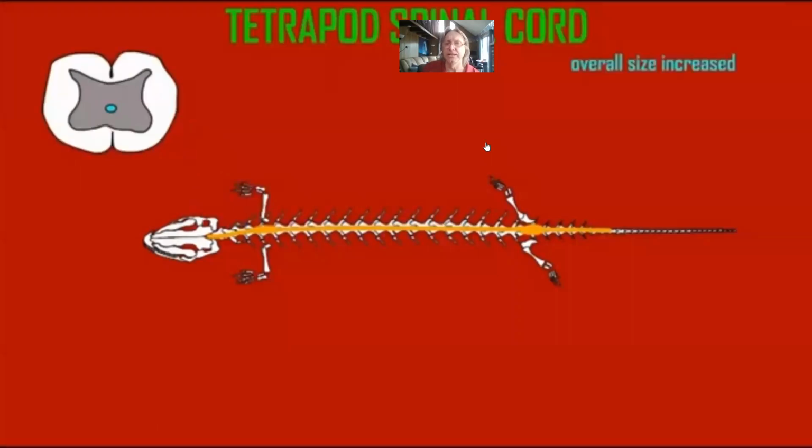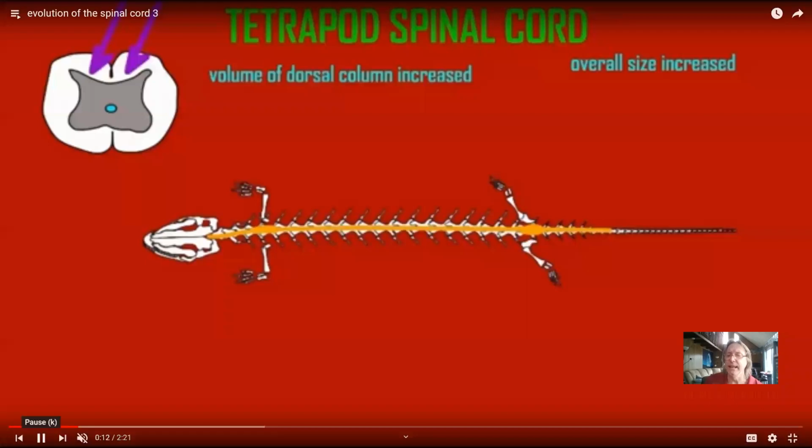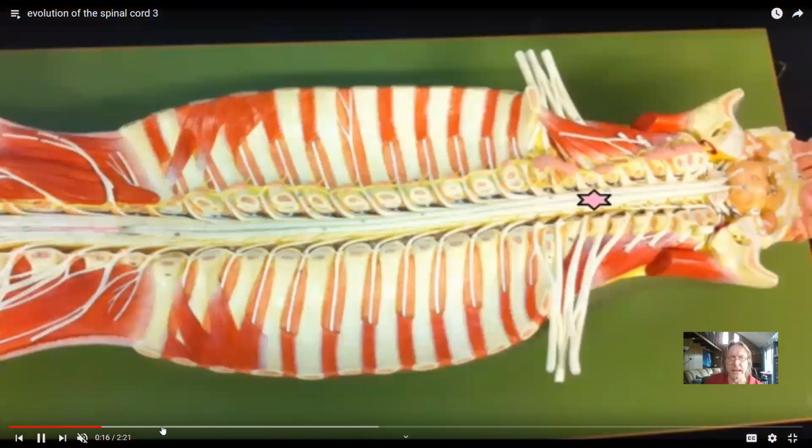Obviously, when tetrapods moved on to land and developed arms and legs, this would increase the innervation of those regions. And so those cervical and lumbar enlargements, which I pointed out on the human spinal cord, are present as well. The volume of the dorsal column for touch increases. The overall size of the spinal cord increases.